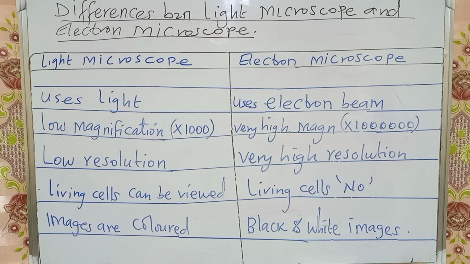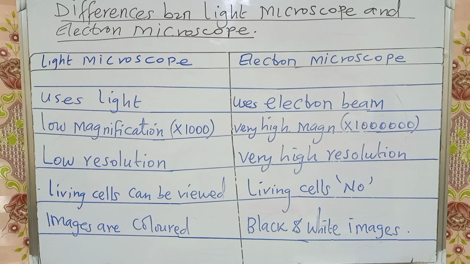In terms of magnification, light microscope can magnify an object up to 1,000 times, while electron microscope can magnify an object up to 1,000,000 times. So it's very high in terms of magnification. In terms of resolution, light microscope is very low, while electron microscope is very high.